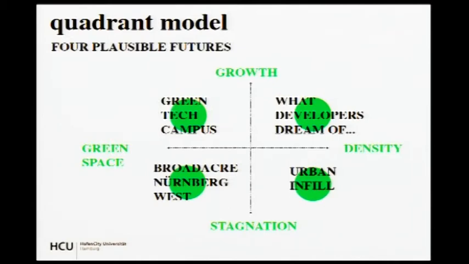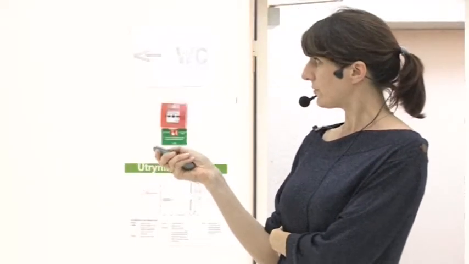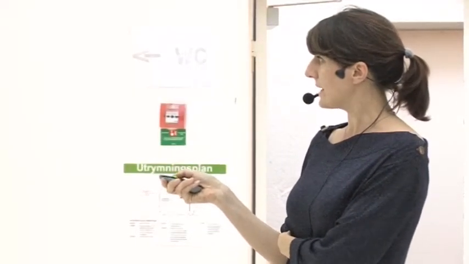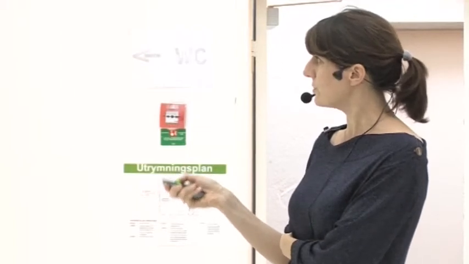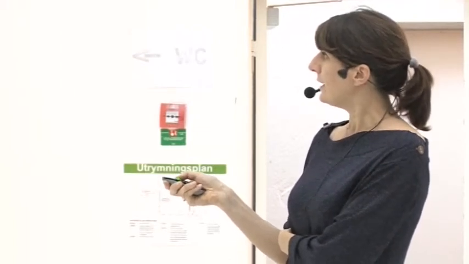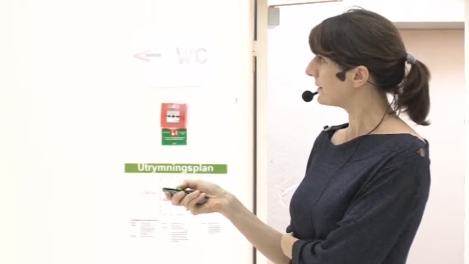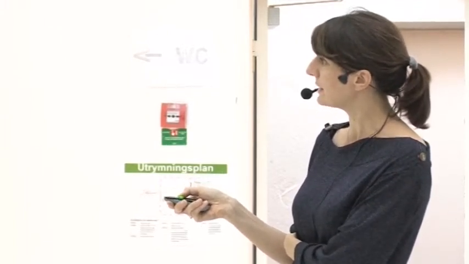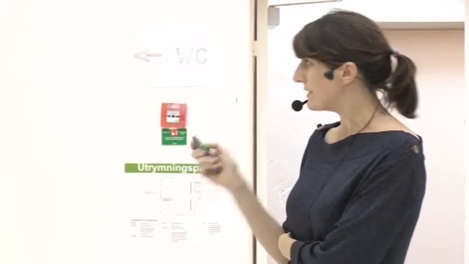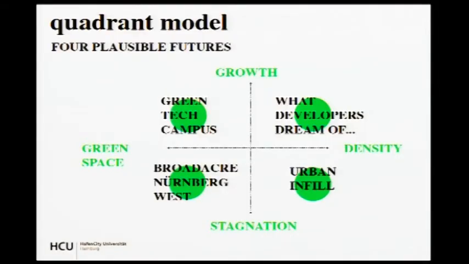It's a kind of scenario planning model, and which we called what developers dream of. It's basically between growth and density, growth and business as usual urban development. And on the opposite, there is growth, but maybe not business as usual, but something using green technologies. So that mass production, for instance, would be here. Well, no, master would be.